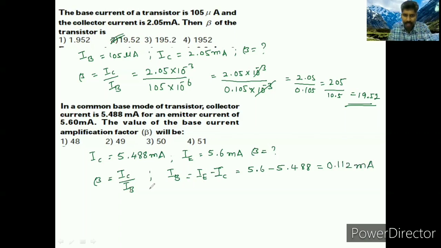Now beta is equal to IC value, 5.488 by 0.112. We can get 49. So the second option is correct.